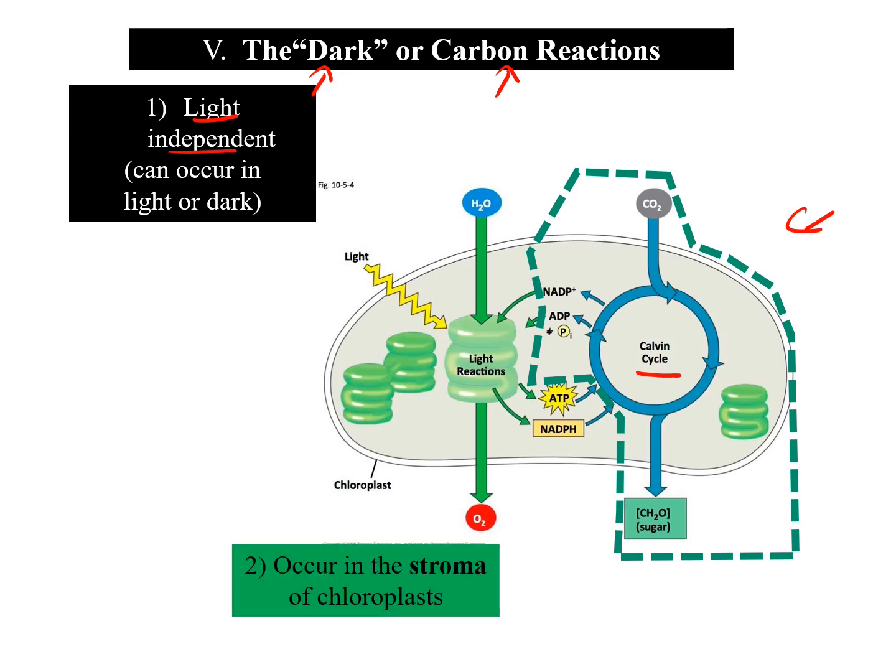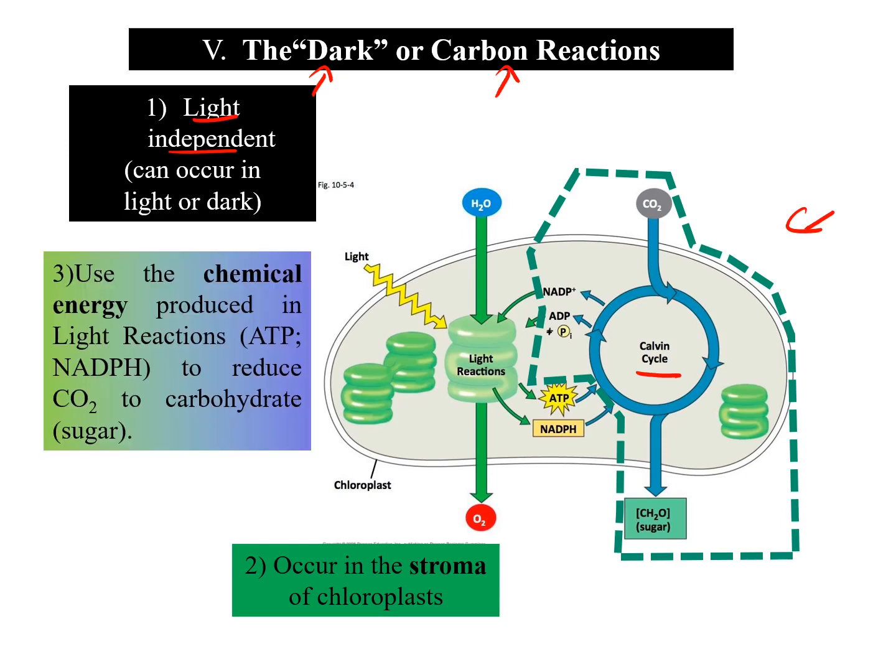The second thing is that they take place in the stroma of the chloroplast. The third thing is that they use, as we said, this ATP and NADPH coming from the light reactions to take the CO2 and reduce it into a carbohydrate.